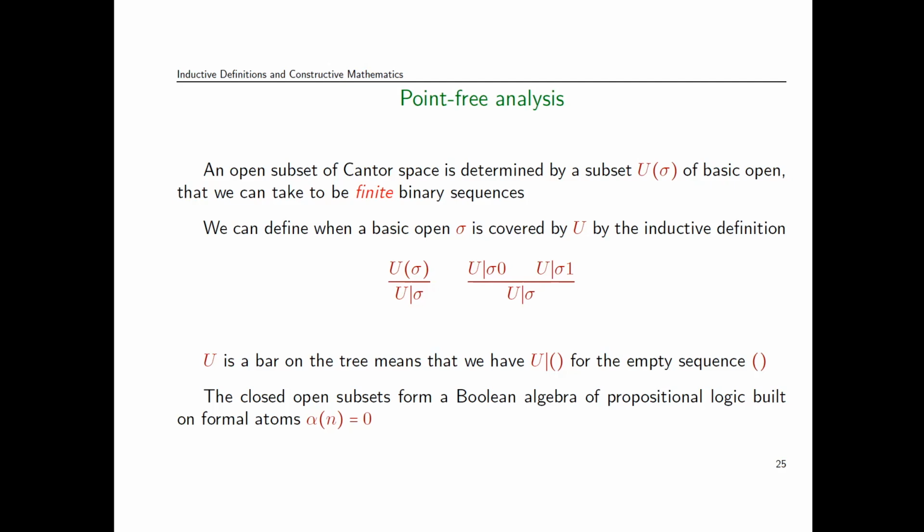And then you have the notion of bar. So U is a covering of the space if U bars the empty sequence. And the clopen subsets of Cantor space form a Boolean algebra, propositional logic, built from these atoms. So from the point of view of constructive mathematics, Cantor space is actually another way to talk about this Boolean algebra, or to talk about this relation.